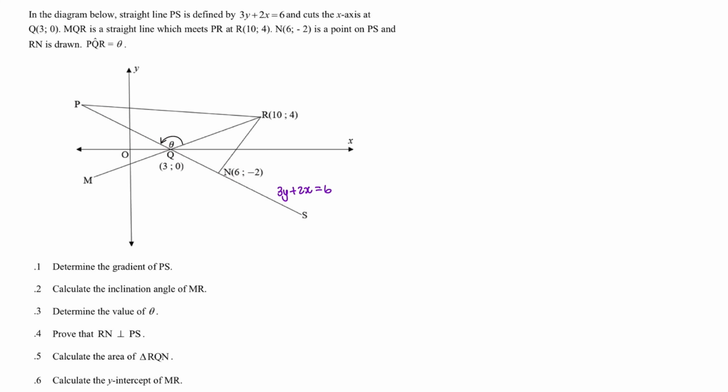And the second method would be to rewrite the equation of the line PS in the form of y is equal to mx plus c. So the first method, we would say that the gradient of PS is equal to the gradient of QN because those are collinear points.